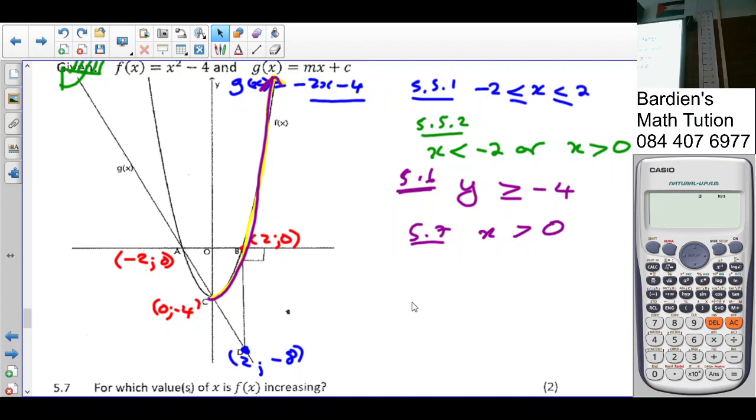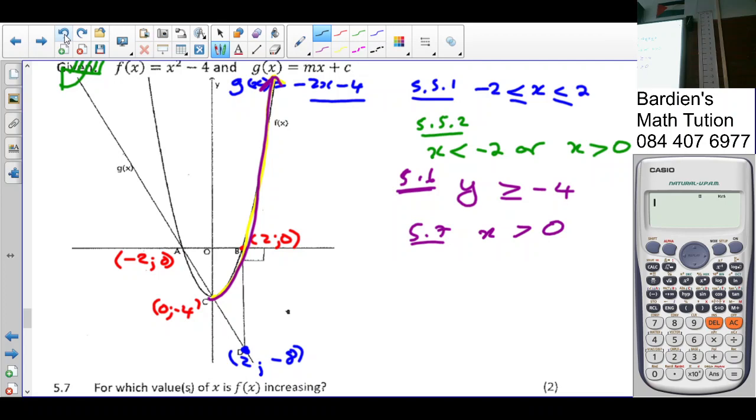The axis of symmetry is basically the line going through here. What is the equation of the axis of symmetry? X is equal to 0. What if the question was, what is the domain of f of x? X is an element of all real numbers.